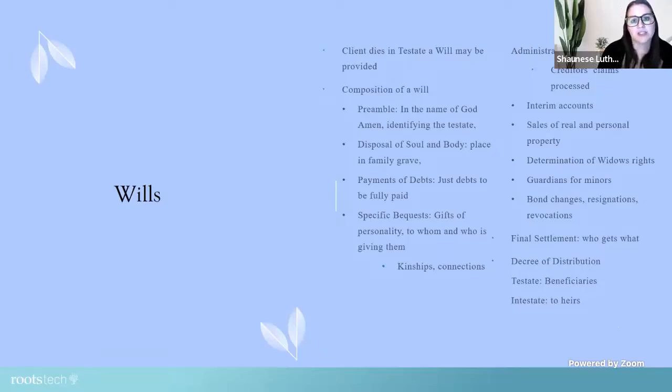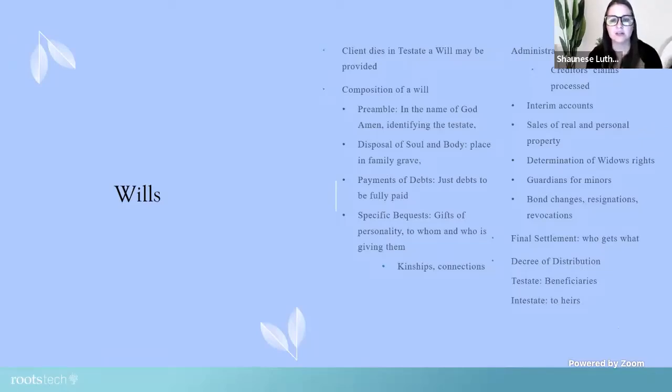And then their specific bequests, so gifts, who they want to give it to. They also have the administration, so it's the creditors' claims that are processed. So once again, if they have debt, then the creditors will take all the money that is owed to them before the rest is given to the family.